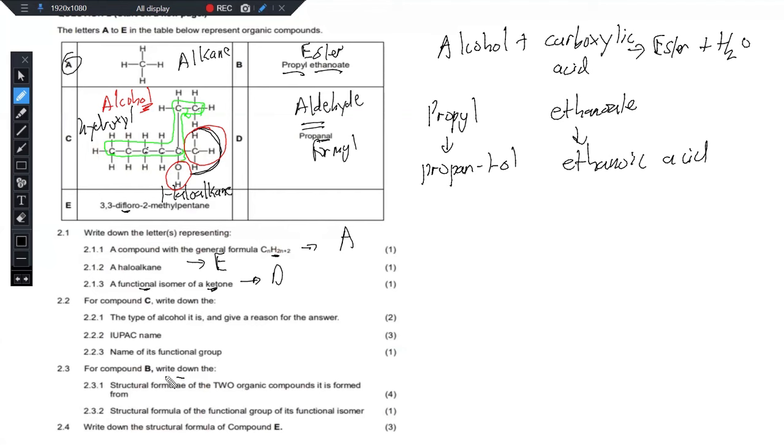But note that what did they say here? Structural formulae, right? So they were not just concerned about the names, they wanted the structural formulae. Now let's draw the structural formulae of that propan-1-ol. This is prop, 3. So 1, 2, 3. And then just have your OH over there. And then fill in your hydrogens.